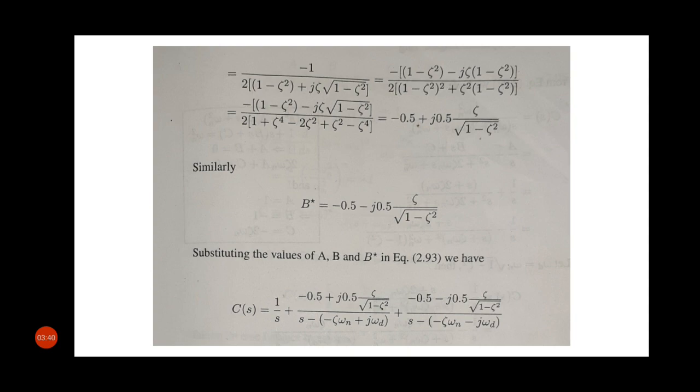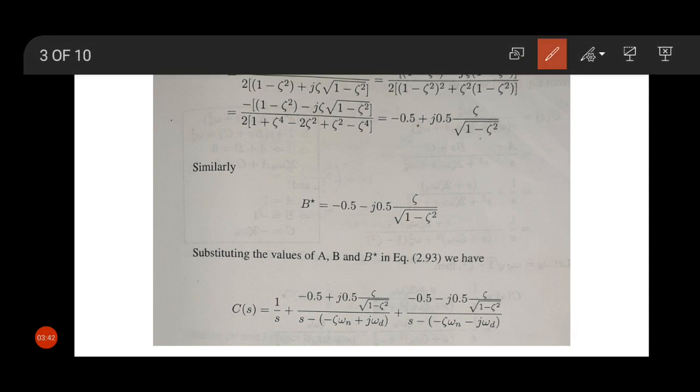Our output equation is C(s) equals 1 by s plus (minus 0.5 plus j into 0.5 into zeta divided by root under 1 minus zeta square), this whole divided by (s minus s1), plus (minus 0.5 minus j into 0.5 into zeta divided by root under 1 minus zeta square), and this whole divided by (s minus s2).